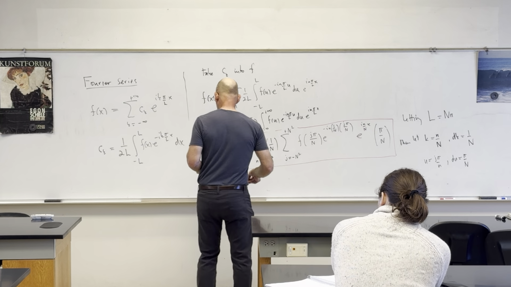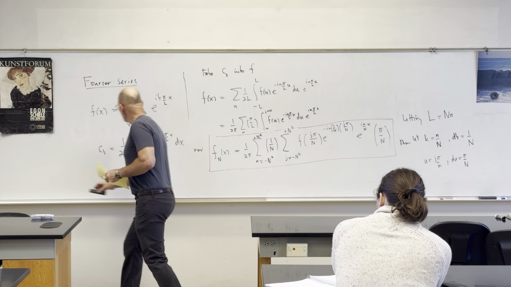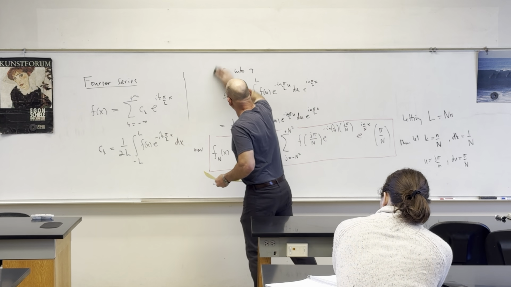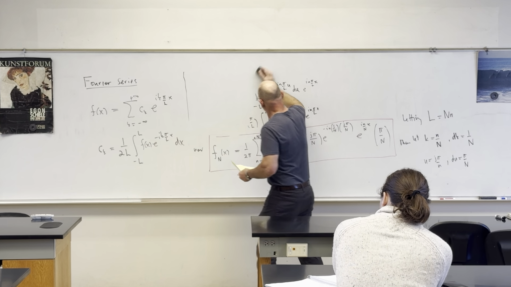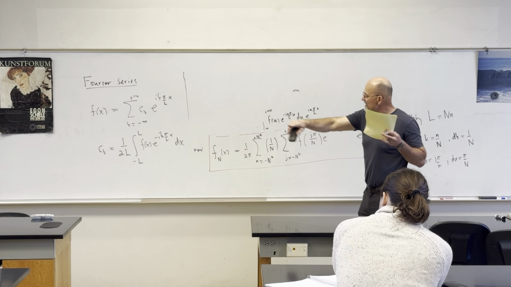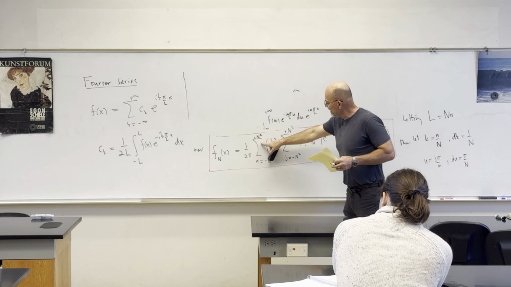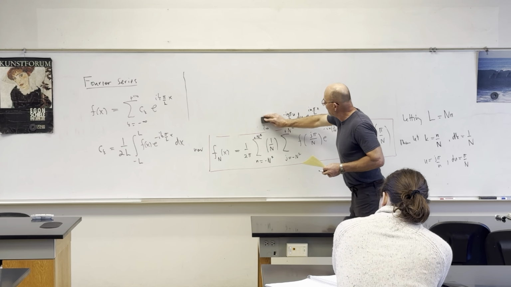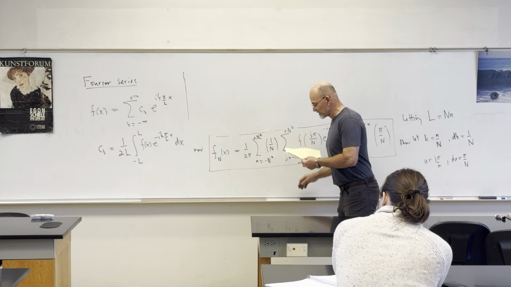I'm going to write down what we get as we take this limit now. As n goes to infinity, we're going to get the entire axis on both of these right here. So we'll make those substitutions.